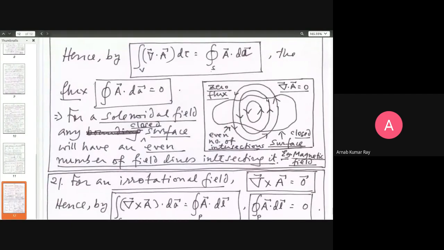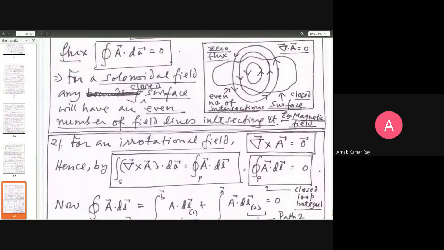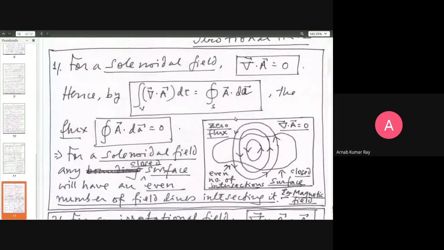Every time a field line enters and exits, it will contribute no flux at all. Here is an inward going flux, but then it's also coming out. As a result, the net flux will be 0. That is the basic geometric idea of a solenoidal field, that it has zero flux when divergence of A is equal to 0. So that is one idea of a solenoidal field.